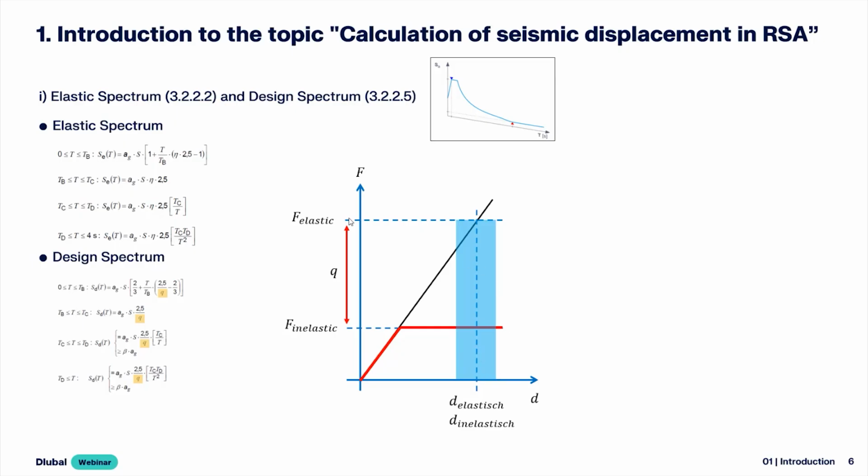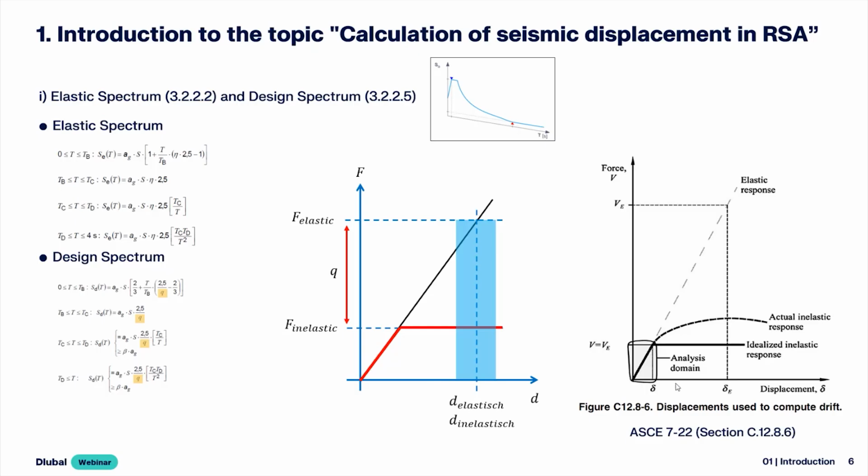And since I am using for calculation the so-called design spectrum, I'm using a reduced value of the forces that is not going to be compatible with the level of the displacement. That's the duality for the RSA analysis, and that's what this topic is about, to calculate back the real displacements.